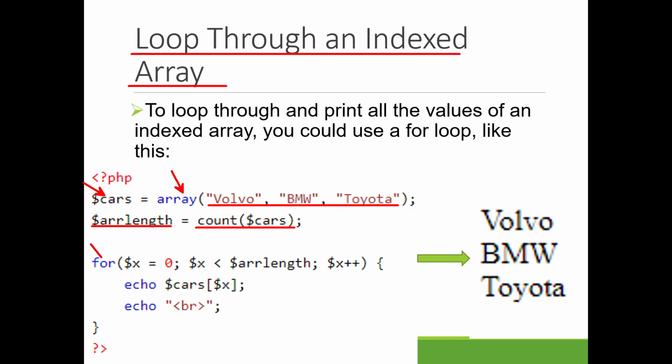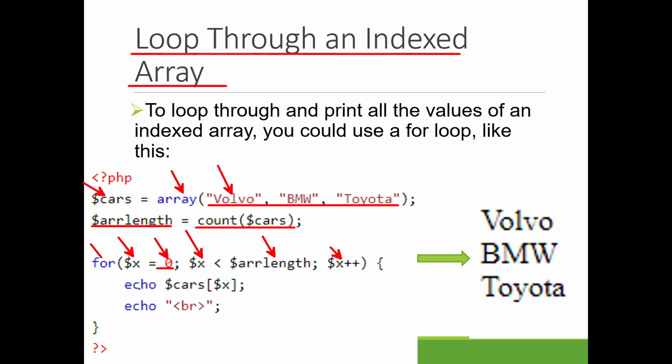So for our initialization, we declare variable x equals 0. Please note that this has to start from 0 and not 1, because the first value in an array is at position 0. Then we say we want x to be less than the array length. Then we want to update x, so x plus plus. So in every loop, x is going to be updated by 1.